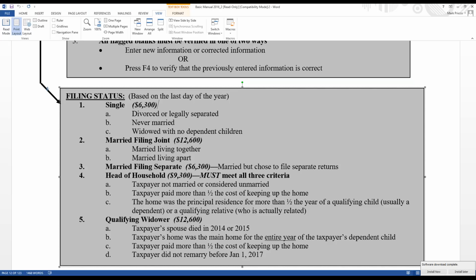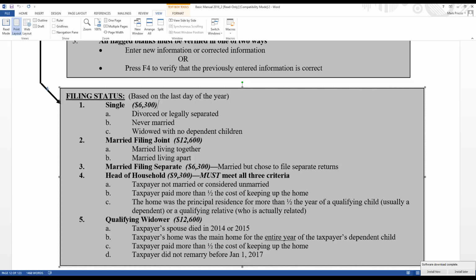His refund, he can file his own return and let them take the refund. So there are reasons why you might do married filing separate, but typically we see in our office a married filing joint return, because in the scenario I just talked about, there might be a better way to do it than married filing separate, and it's called an injured spouse form, which we'll talk about later in this chapter. So we've got single, married filing joint, married filing separate.